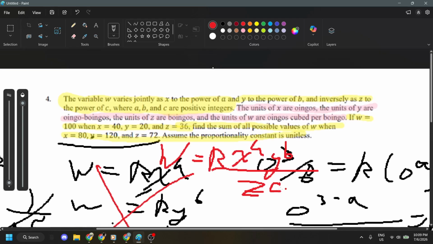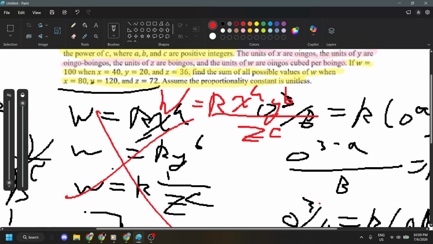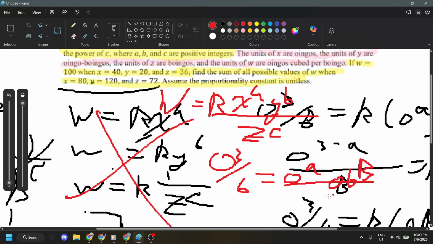So this is where we get it. If it's oingos cubed per boingo, we have oingos cubed per boingo is equal to oingos to the a, boingos to the oingos, boingos to the b over boingos to the c.